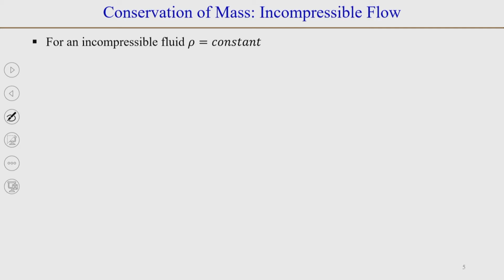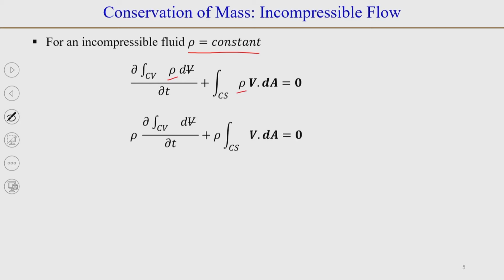Now, consider a special case where the flow is incompressible, so we can treat rho as constant. If the fluid is incompressible, then we can treat rho as a constant, and then we can take rho out of the integral sign in these places.